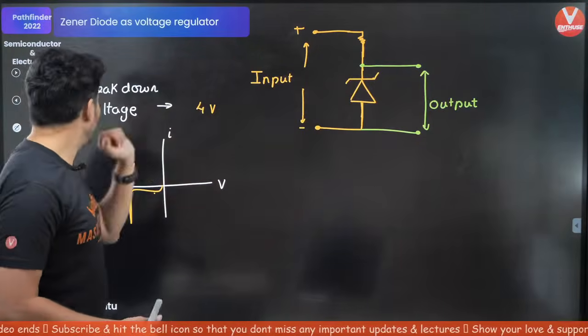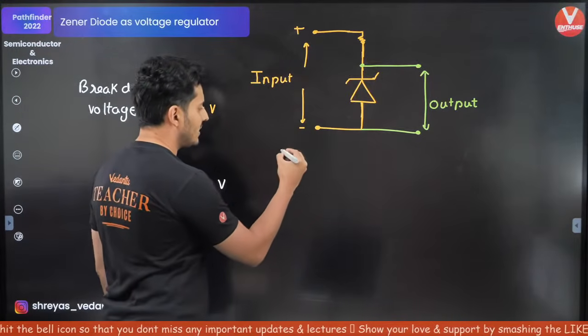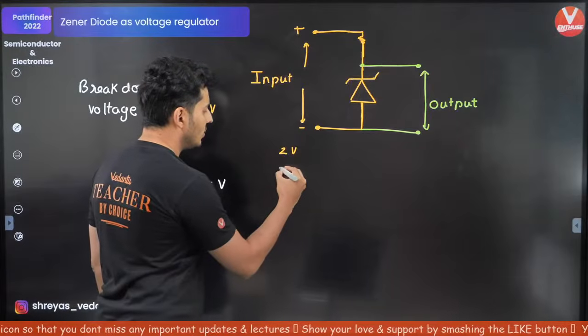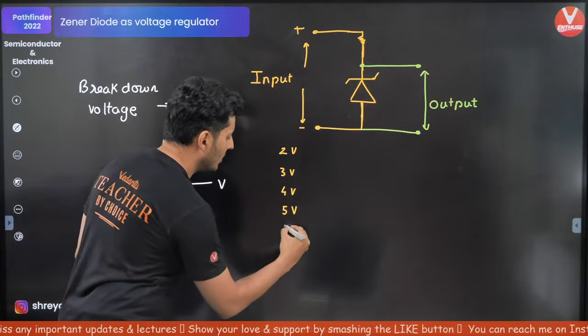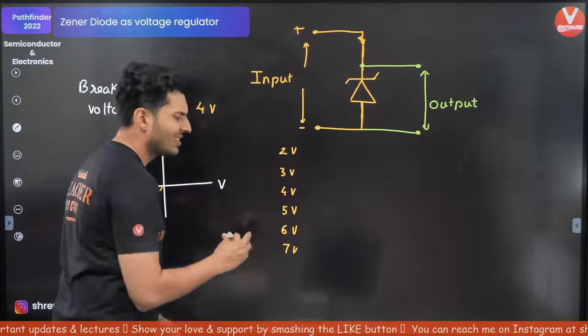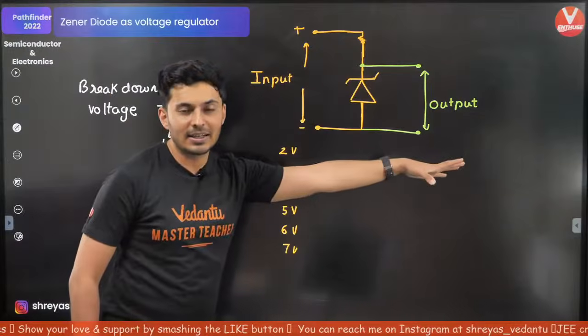Imagine that the input voltage, I'll just give you some examples. Let's say the input voltage is 2 volts, then it changes to 3 volts, then 4 volts, then 5 volts, then 6 volts, then 7 volts. Examples. What will happen on this side?